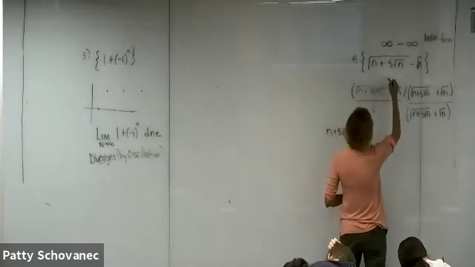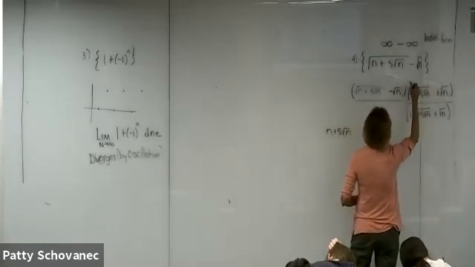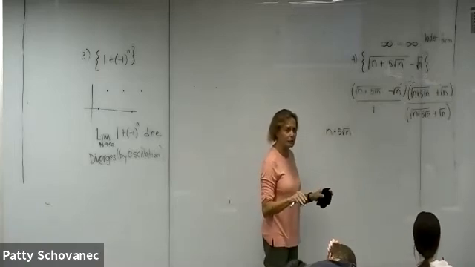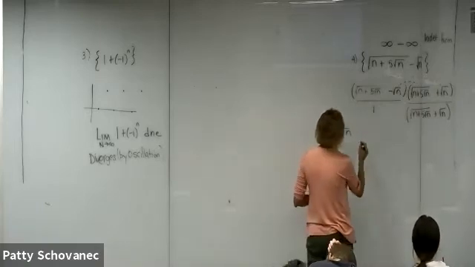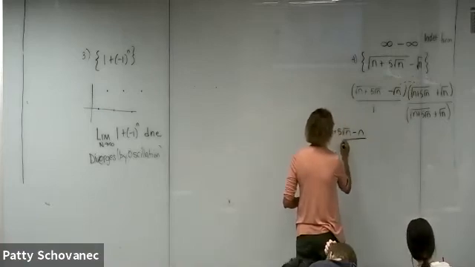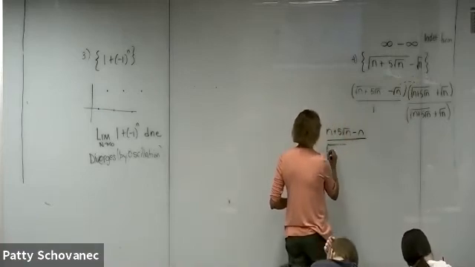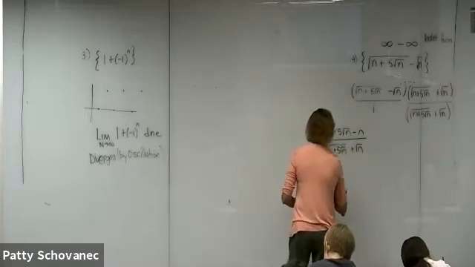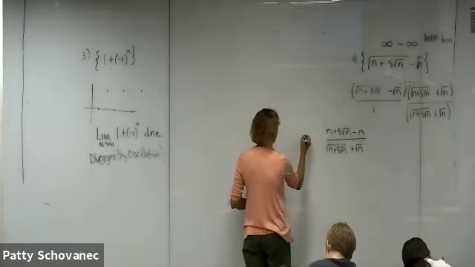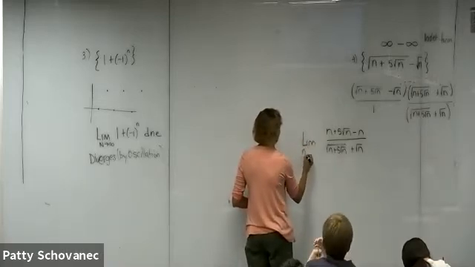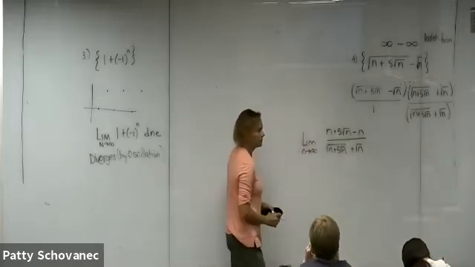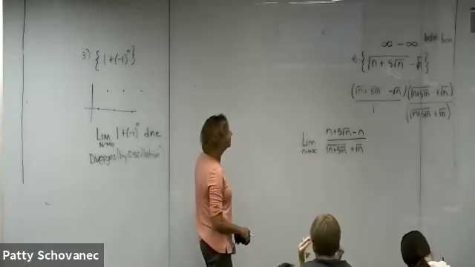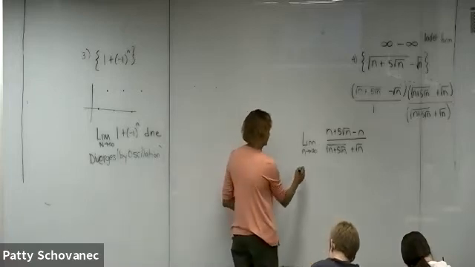The first times the last gives us the same as the two inside terms, so those are going to cancel each other out. And then the last times the last gives us a minus n. Now we're going to try to take the limit of that as n goes to infinity. Subtract those two n's out, and you just have the 5 square root of n over all that stuff.